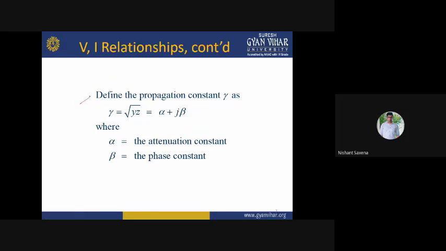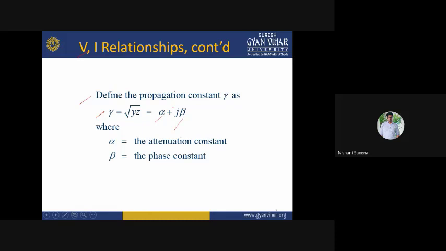Now defining the propagation constant gamma. Gamma is given by this equation: gamma is equal to square root of y into z, and it can also be written in the rectangular form as alpha plus j beta, where alpha is your attenuation constant and beta is your phase constant.